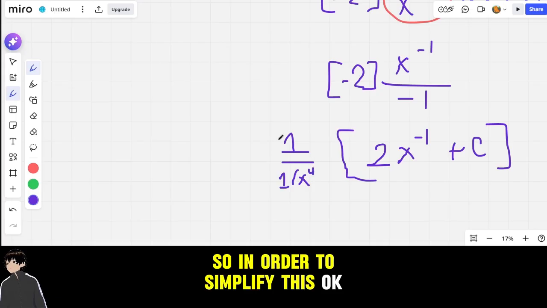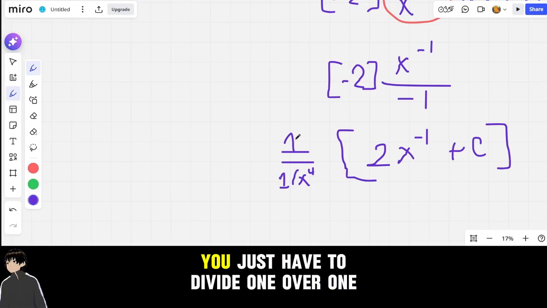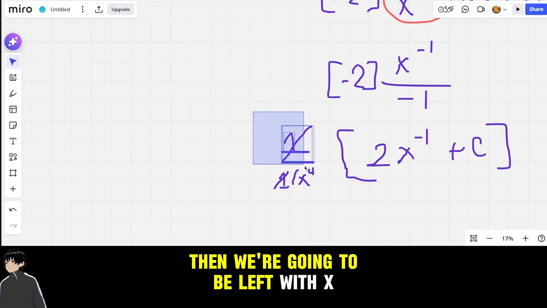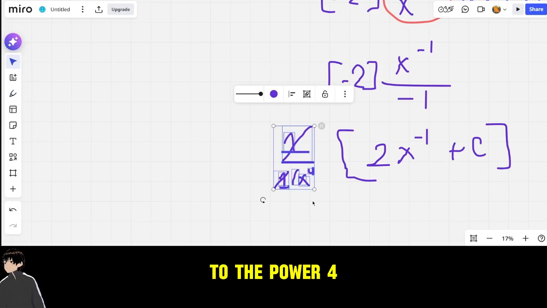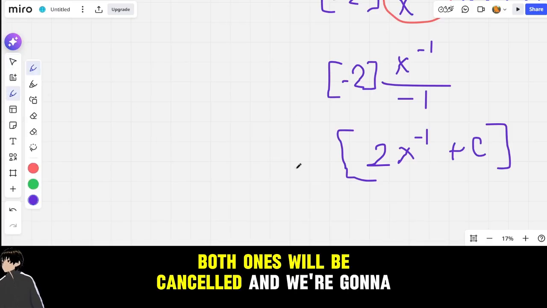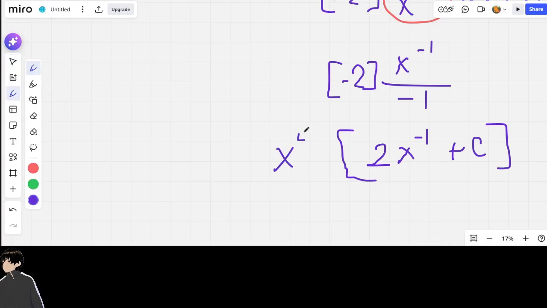So in order to simplify this, it's a complex fraction. You just have to divide 1 over 1. Then we're going to be left with x to the power 4. Both 1's will be cancelled. We're going to have x to the 4.